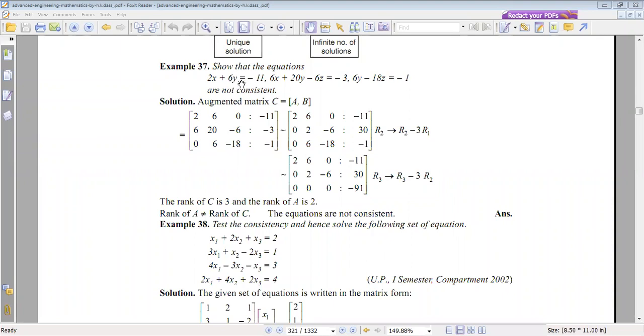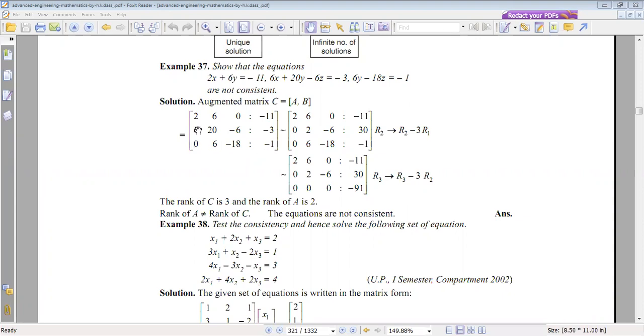There is no z, so obviously the coefficient of z will be 0, augmented with minus 11. Again, the coefficient of x is 6, y is 20, z is minus 6, augmented with minus 3. And in the last one there is no x, so the coefficient of x is 0, y is 6, and z is minus 18, augmented with minus 11.